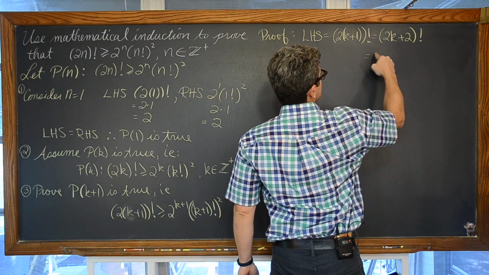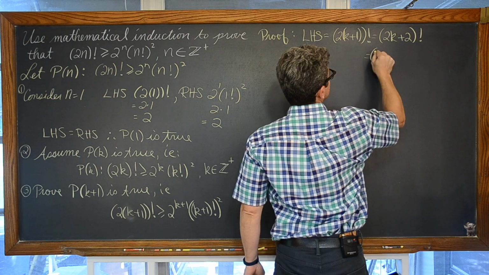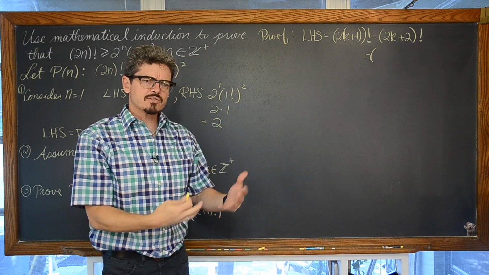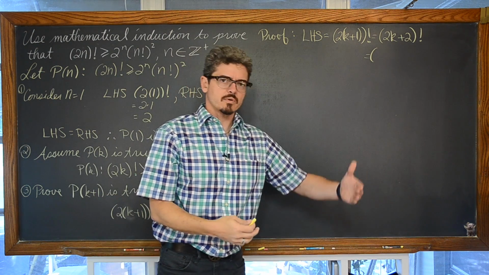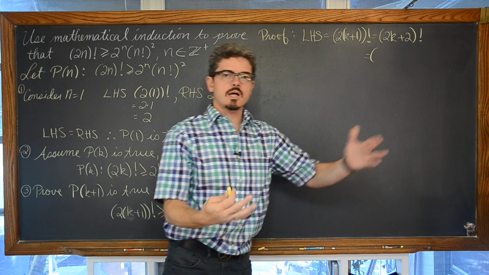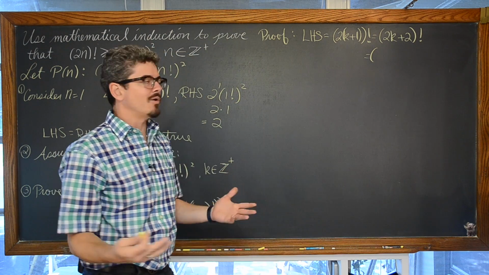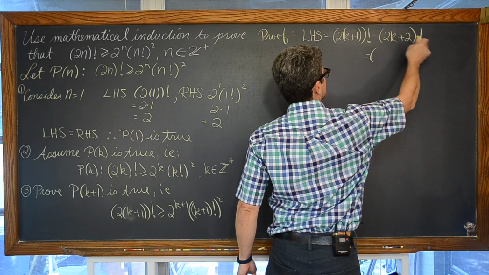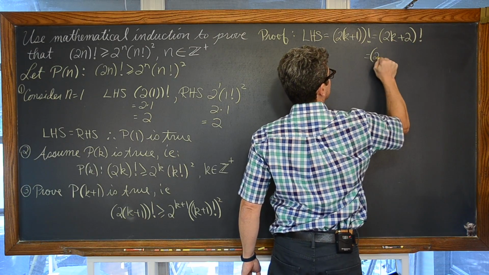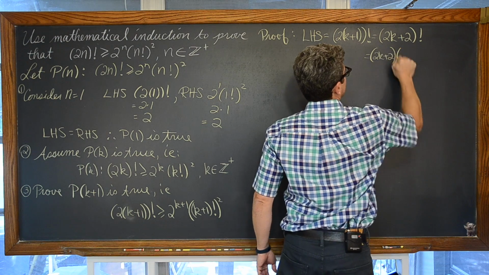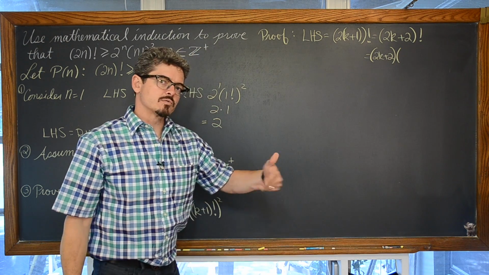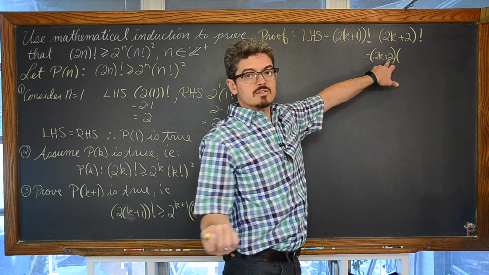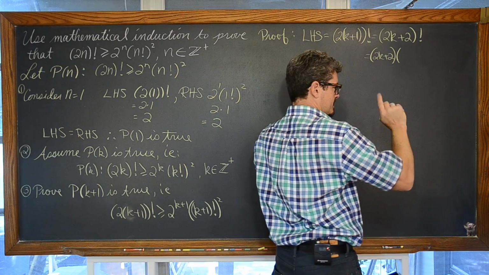This is equal to this, which is then equal to, what do factorials do? 5 factorial is 5 times 4 times 3 times 2 times 1, and you stop at 1. So you just simply count down by 1. So 2k plus 2 factorial is 2k plus 2, and then we multiply by a factor which is 1 less. So 2 minus 1 is 1.